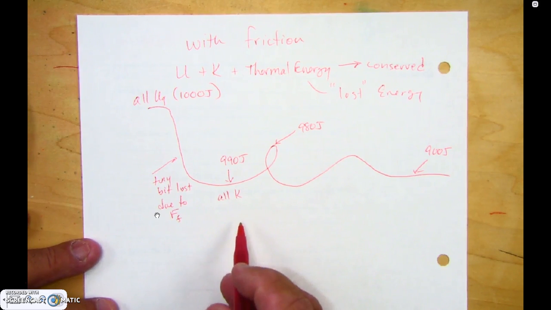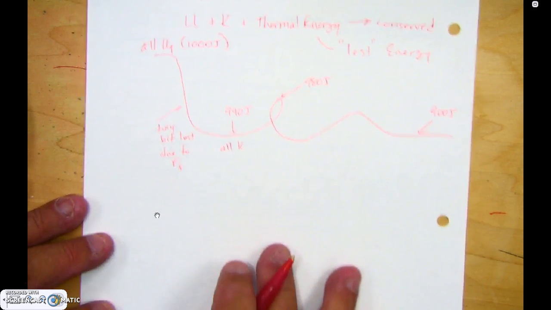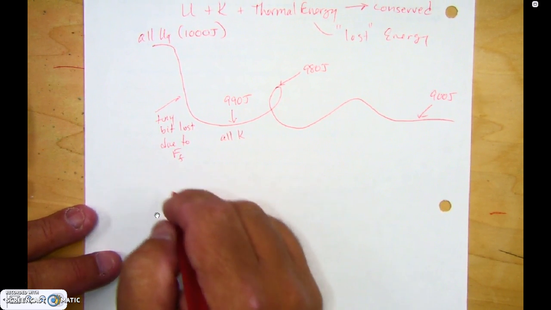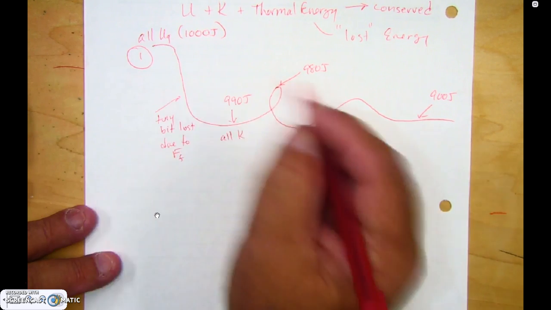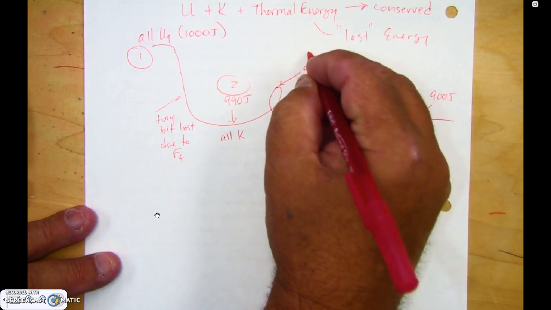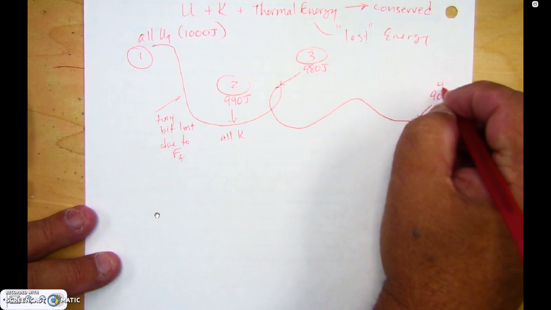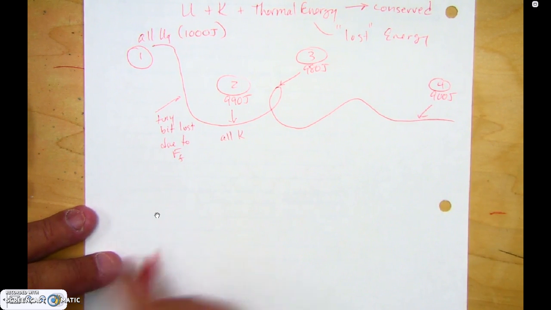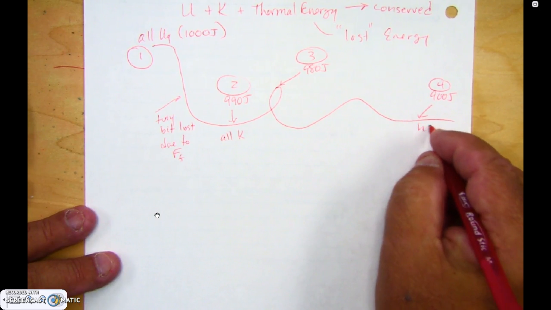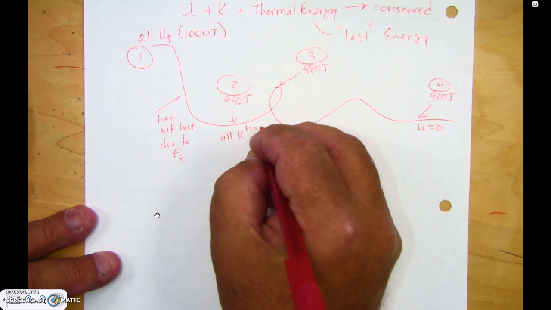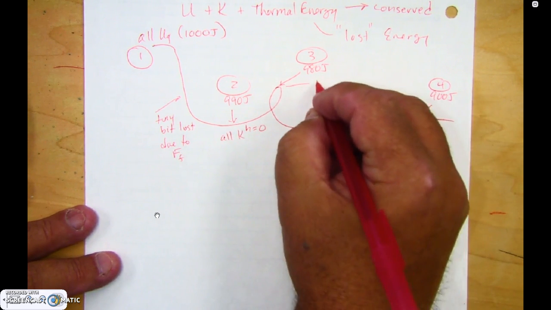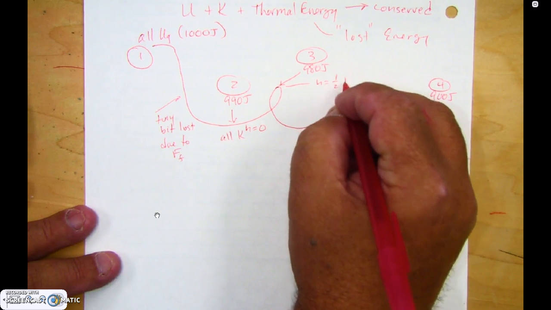So now, let's do a pie graph. Let's do this point, this point, this point, and this point. Both of these 2 points, h is equal to 0. Let's say this h is equal to 1/2 total h.